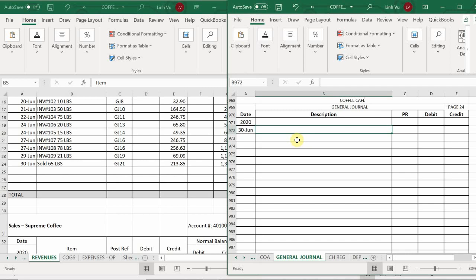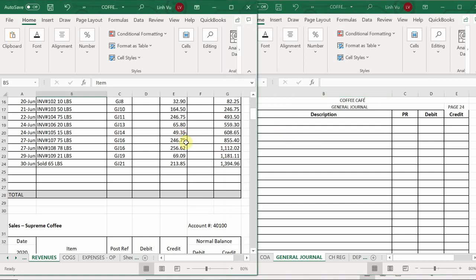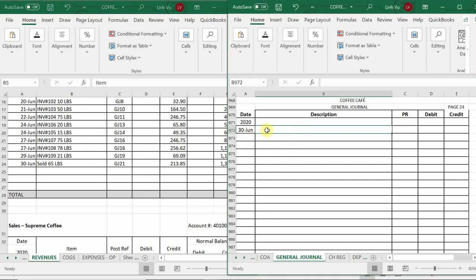In order to zero this account out, we need to debit the account for the amount that's in there. Right now it is at $13.94.96, so we're going to debit that account to zero it out. This is sales for regular coffee.